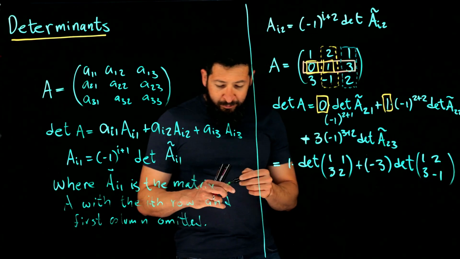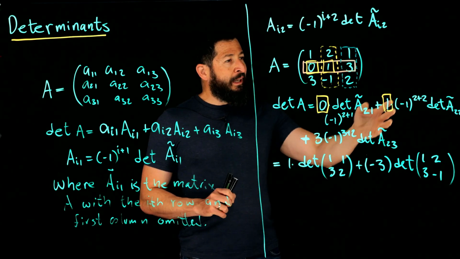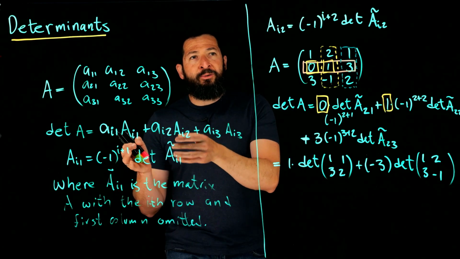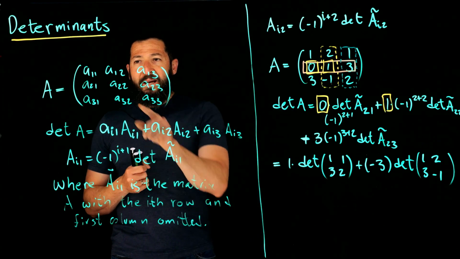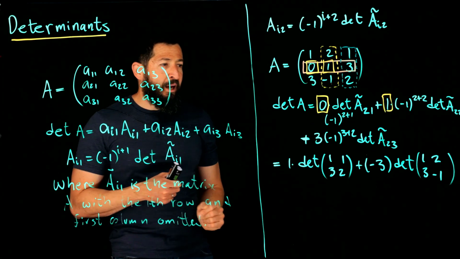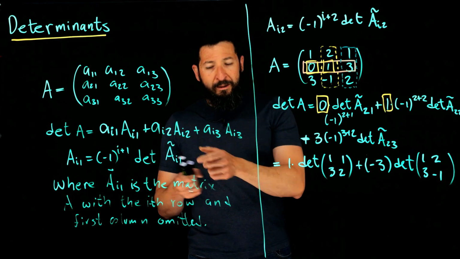But you see, the beauty of this formula is that it's a recursive formula. Notice that when I eliminate a row and a column, I drop the size of a matrix by 1. So I had a 3 by 3, now I have a 2 by 2.